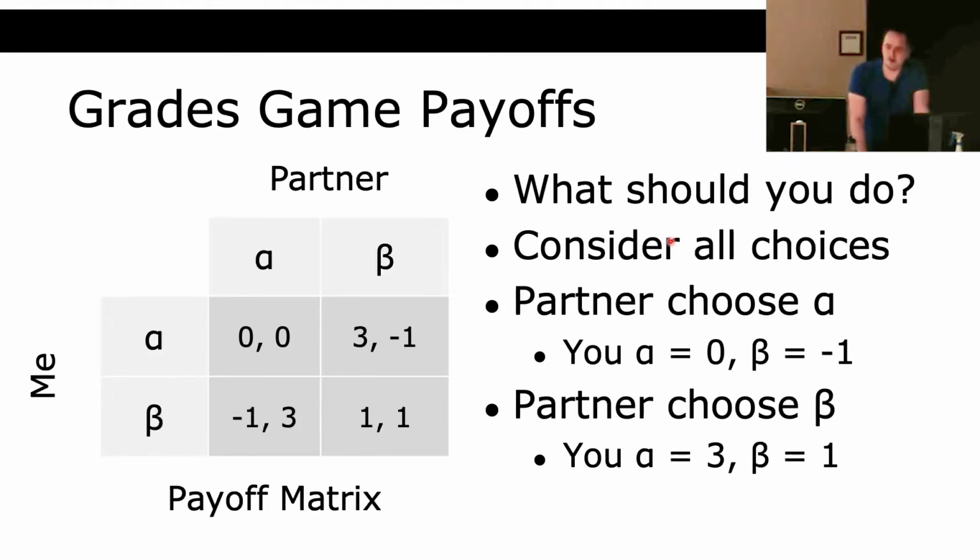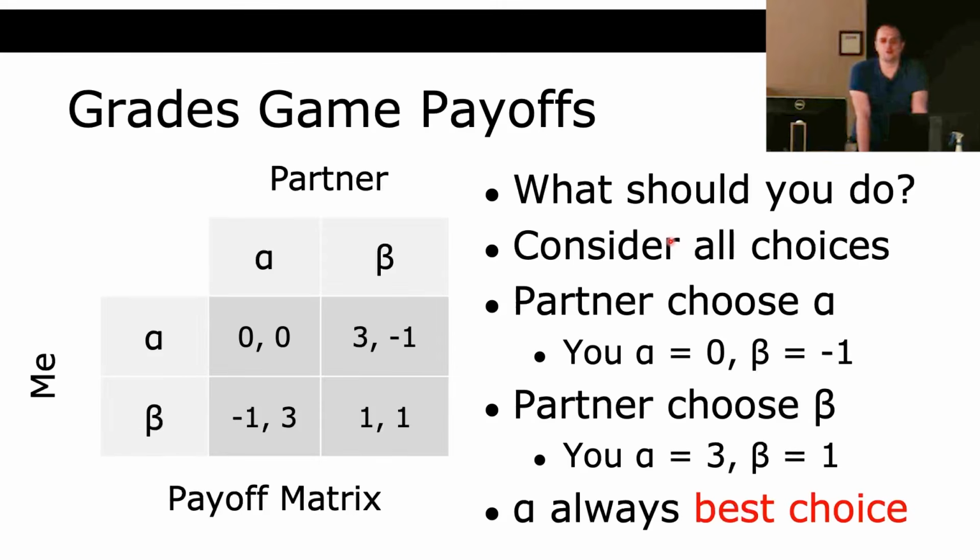So, no matter what they do, alpha is always the best choice. And this isn't some tricky thing where maybe 1 out of 100 times they'll choose the other thing. No, this is literal just mathematics. No matter what they do, you should choose alpha because it's literally always better, right?